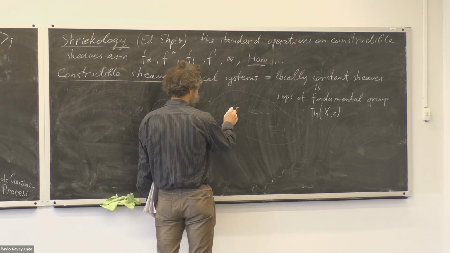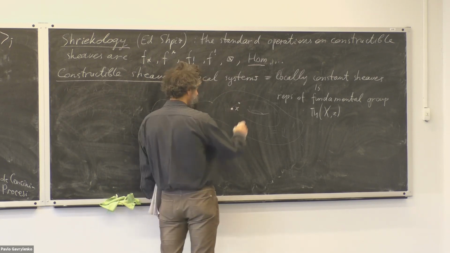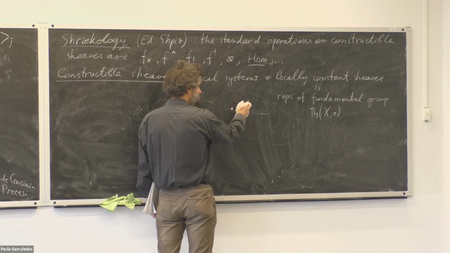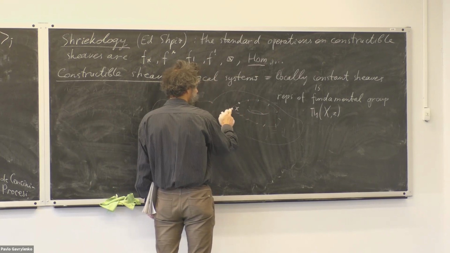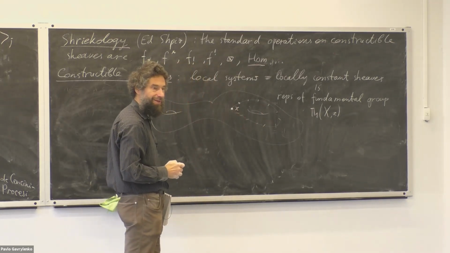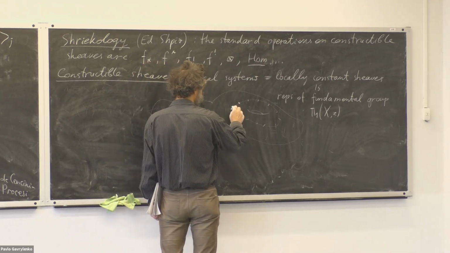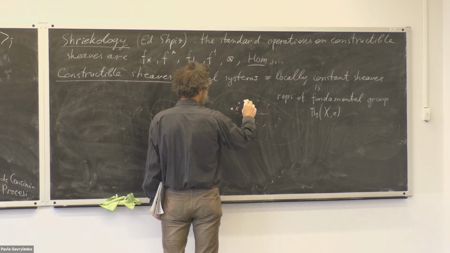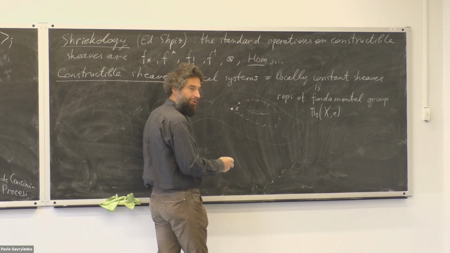Okay, and the stalk at x is identified with the stalk at some nearby point, and then there is another point near to that one, and so on. And all of those are identified, but when you come back, globally, you may have acquired some monodromy. Fine, but if you slightly move this loop, nothing changes because again of this local constancy.